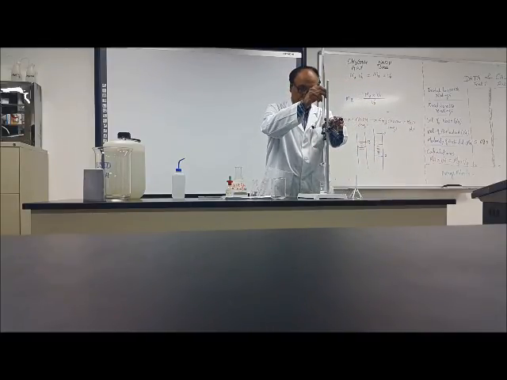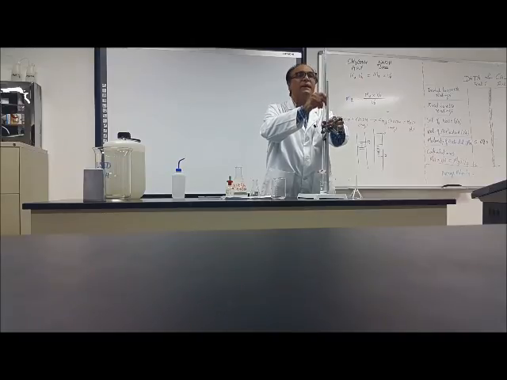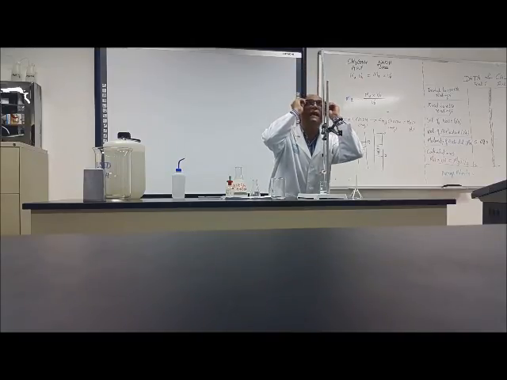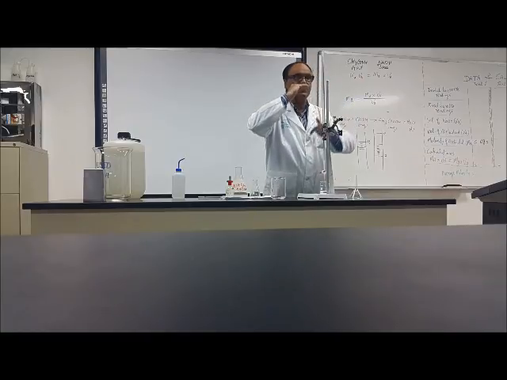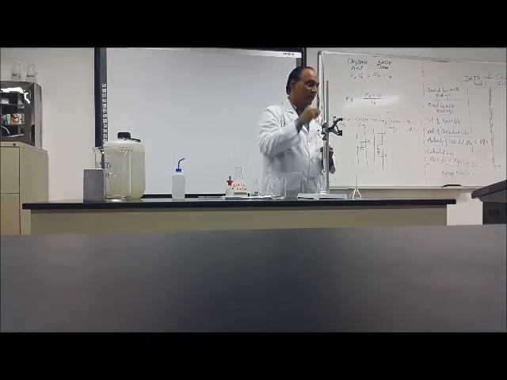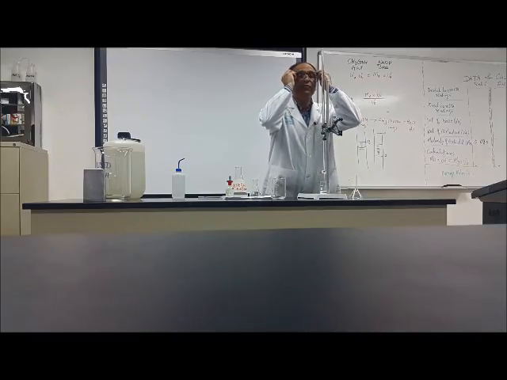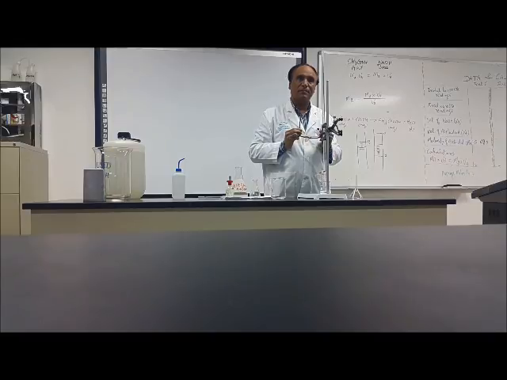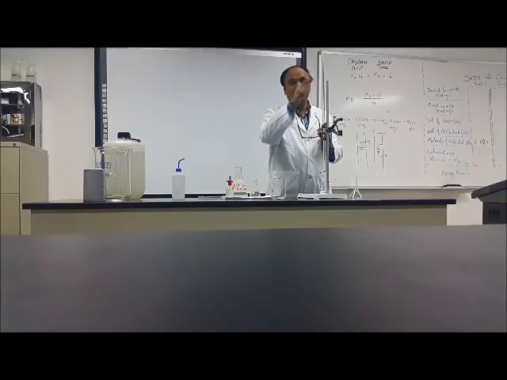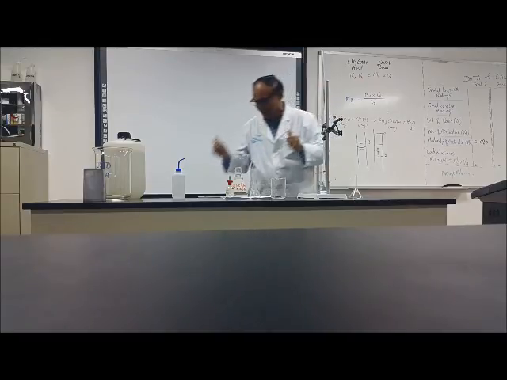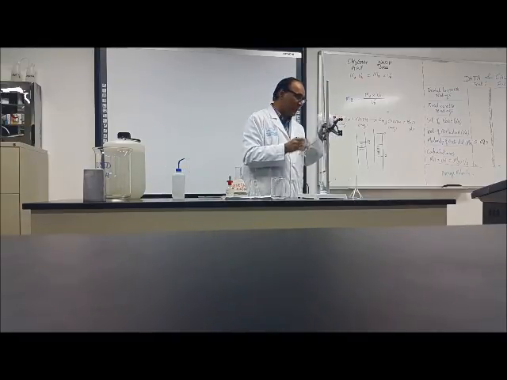Now I will see what the volume is. I will bring it down to my eye level. I will not see it like that, or like that. It should be exactly at my level. Then I can take the correct reading. If I want to be more accurate, close one eye, then put a paper behind it.